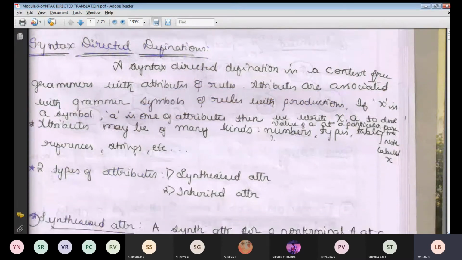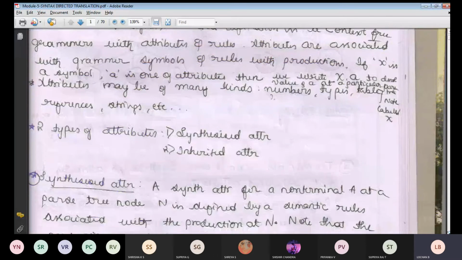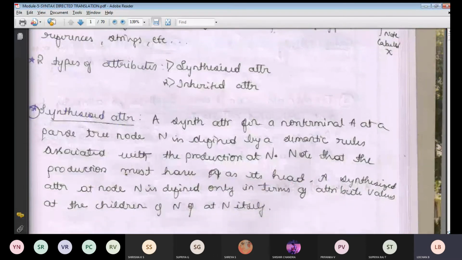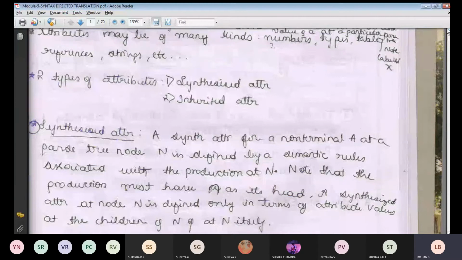Yesterday we completed only the definition. Today we want to discuss types of attributes. I told you that an SDD is a combination of attributes along with the rules. The attributes can be numbers, types, tables, references, strings, etc. For these attributes we have two types: synthesized attributes and inherited attributes.